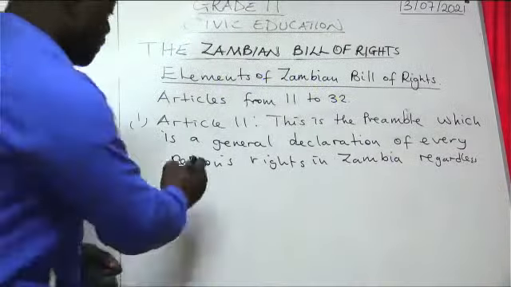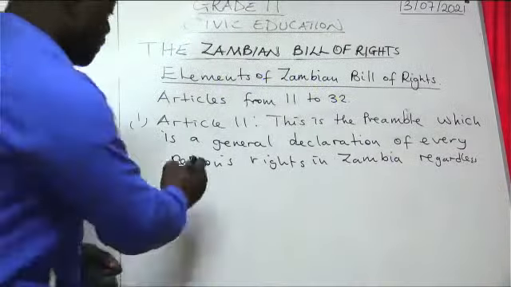And our Constitution defends us. No one should intimidate me based on my status. As long as I'm a Zambian, the Zambian Bill of Rights has covered me, because it talks about the general declaration of me as a Zambian, you as a Zambian, to enjoy your fundamental rights.